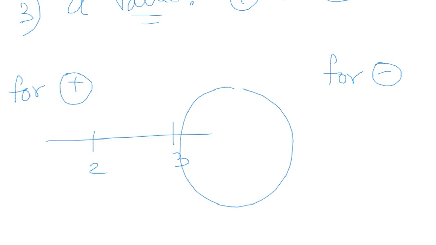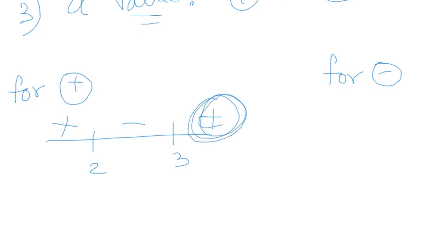So for positive A, start from the extreme right. We put a plus symbol, then minus, then plus. So in this region it will be plus, in this region plus, and in this region minus. Automatically this method gives us the answer for both conditions, greater than or equal to 0 or less than or equal to 0.